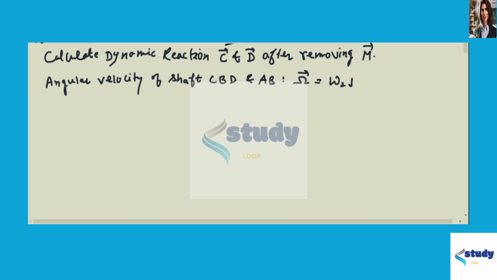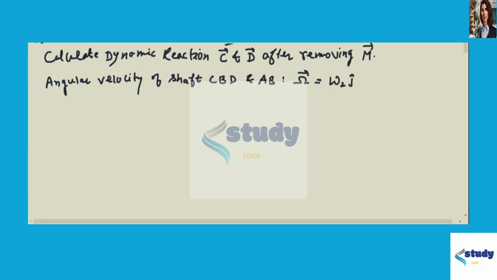Angular velocity of shaft CD and arm AB: omega is equal to omega 2 j cap.